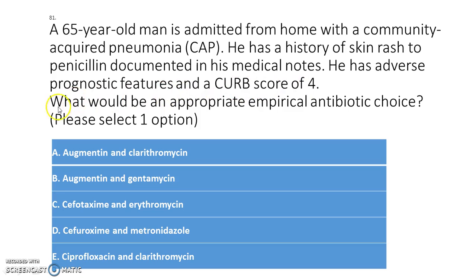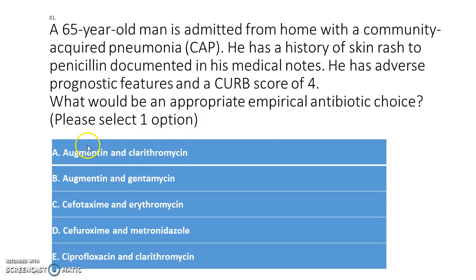So basically, the question is, what would be an appropriate empirical antibiotic choice? Okay. So is it just enough to give augmentin, which is amoxicillin clavulanate, and erythromycin?